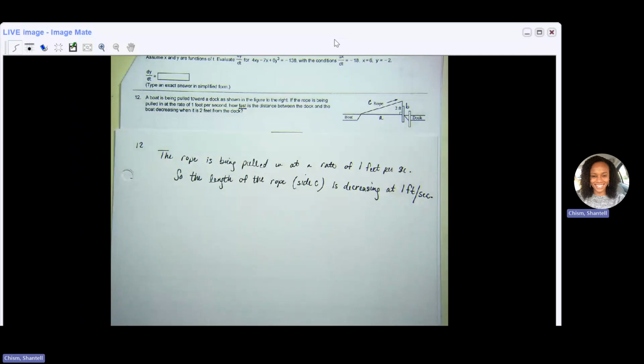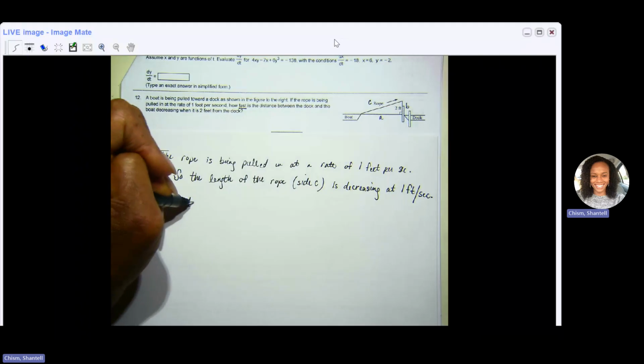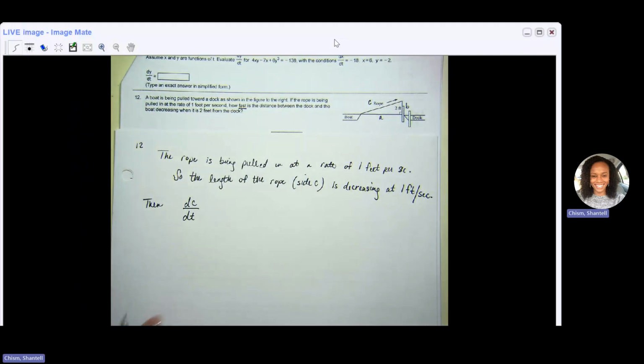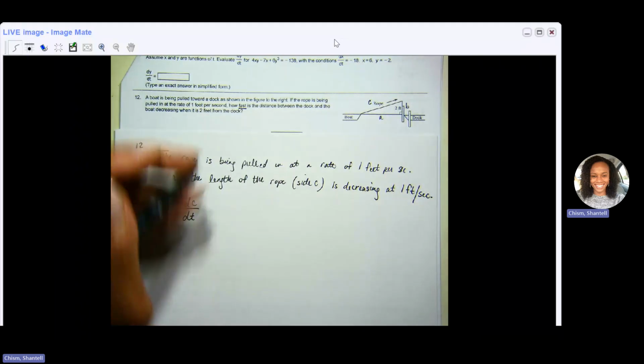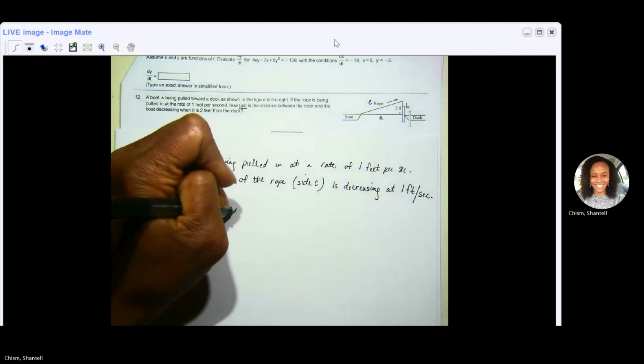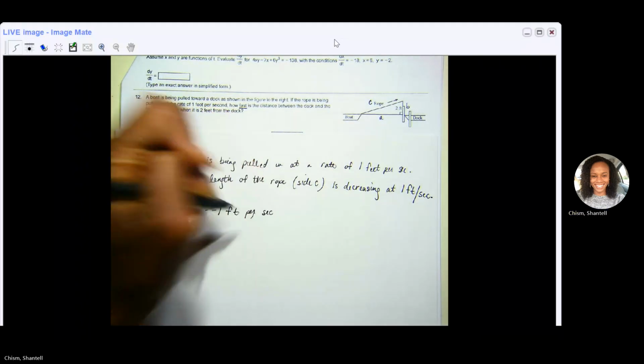Since I already know that this is side C, my rate is called dC over dt, because that is the rate that C is changing with respect to time. So dC over dt is equal to negative 1 foot per second, and it's negative because it's decreasing.